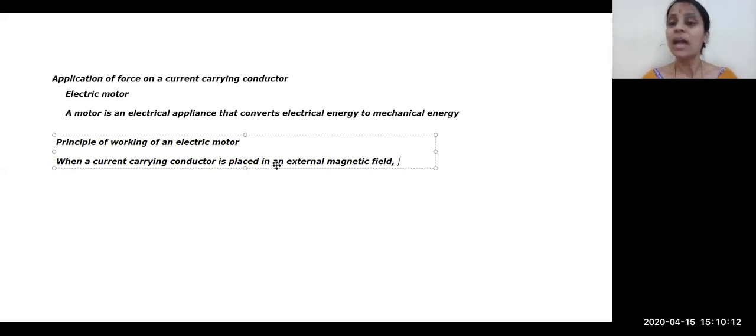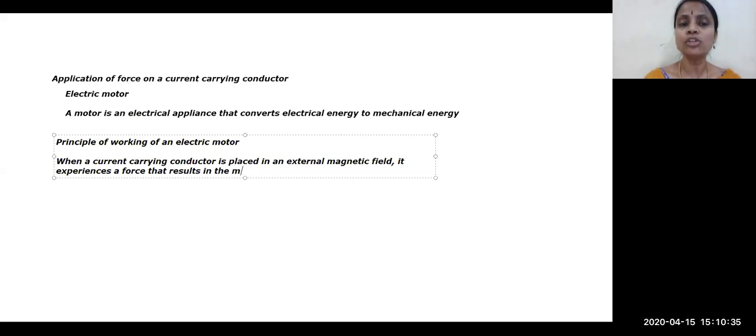Once we understand this concept, we are going to understand the working of a DC motor, right? Now, what is going to happen when a current carrying conductor is placed in an external magnetic field? It experiences a force that results in the motion of the conductor.